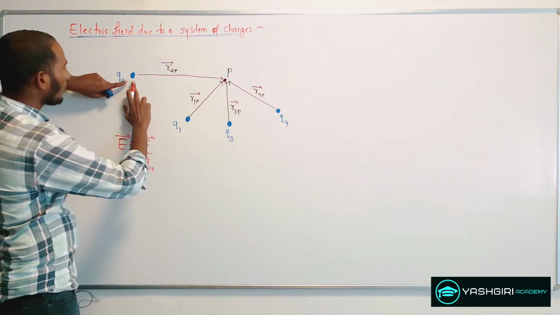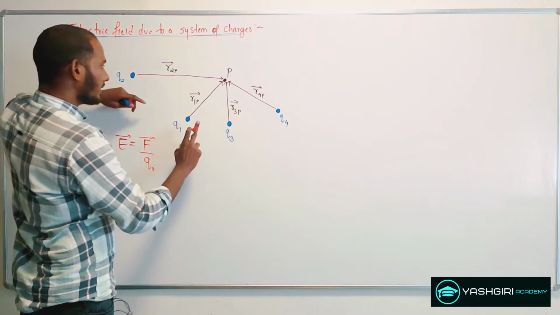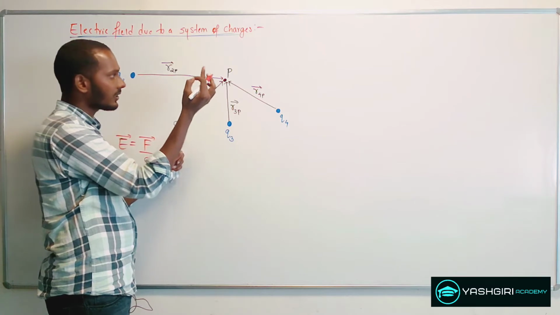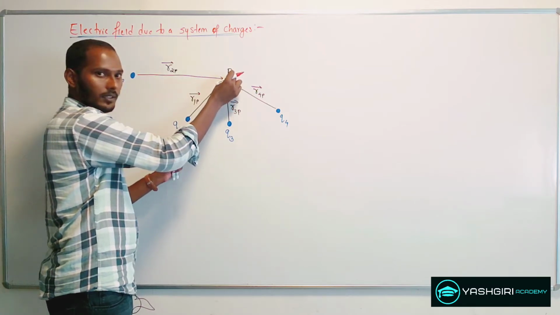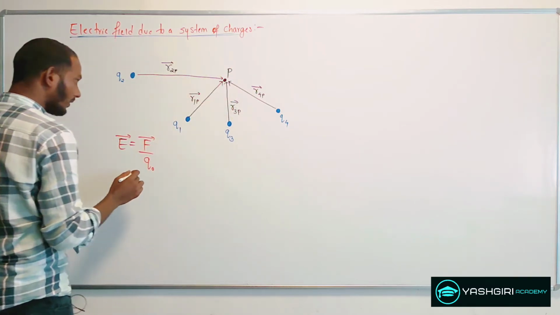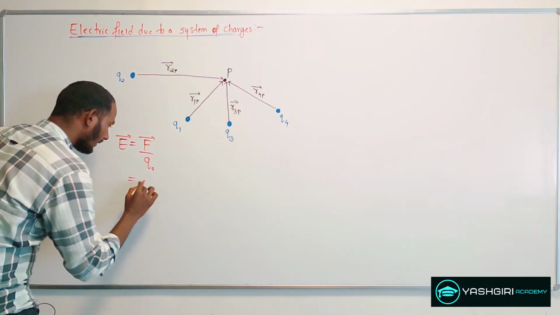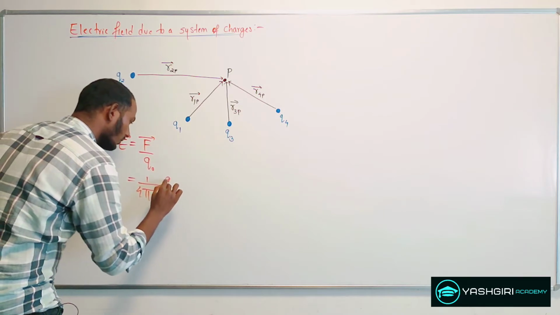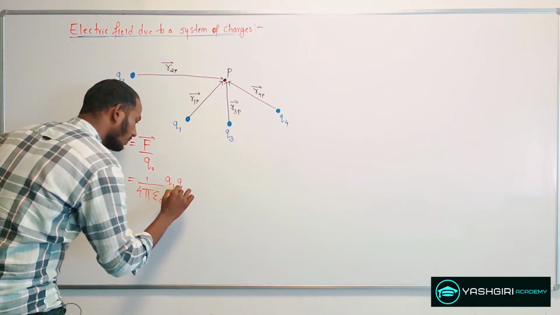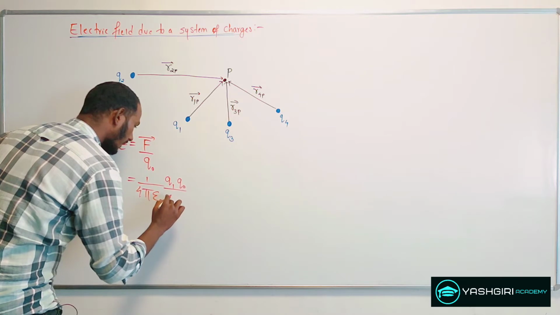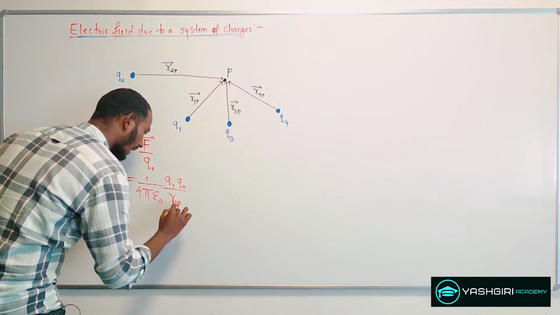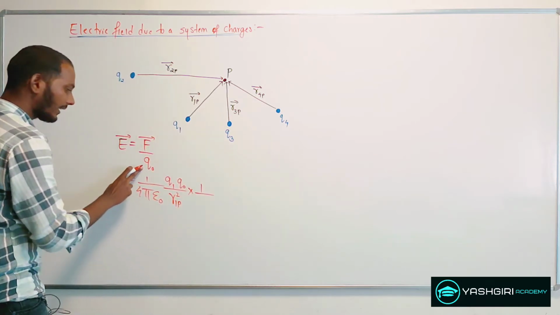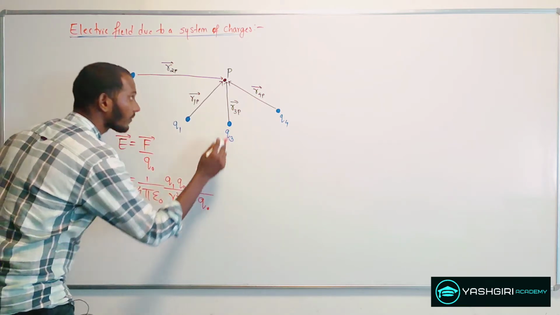Suppose you're talking about only 2 charges, say for example let's take Q1 and some test charge that has been placed at this point P, right? So in that case, what I'll get is 1 upon 4 pi epsilon naught into Q1 into the test charge divided by the distance, that is R1P square, into 1 by Q0.